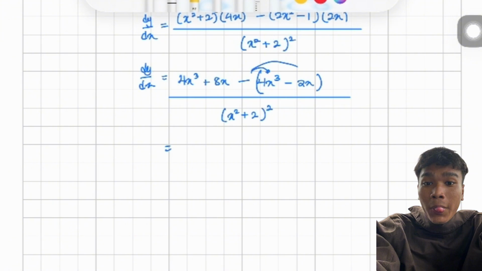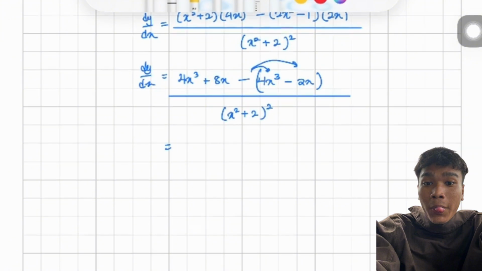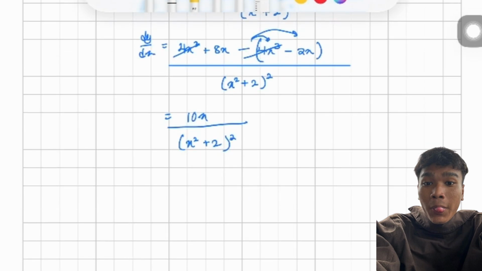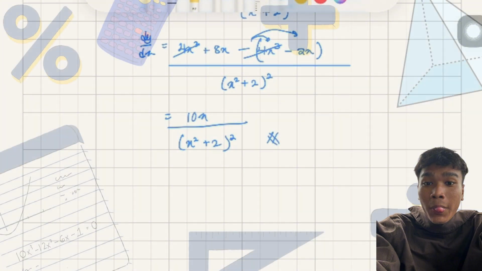The minus will expand, so the 4x cubed becomes 0 because 4 minus 4. So 8x minus negative 2x will be 10x, over x squared plus 2, all squared. So this is the answer.